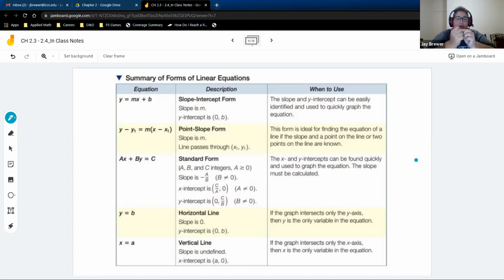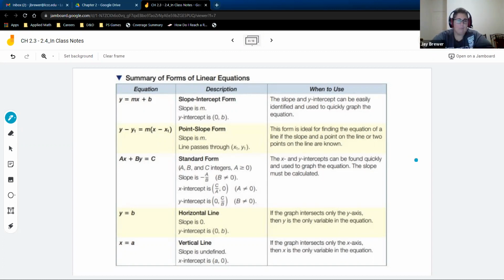Point slope form, again, slope is m, line passing through any other point except for the y-intercept. This form is ideal for finding the equation of a line if the slope and a point are given on the line, or 2 points of the line are given. Standard form, it has everything explained there. The x and y intercepts can be found quickly and used to graph the equation. The slope must be calculated.